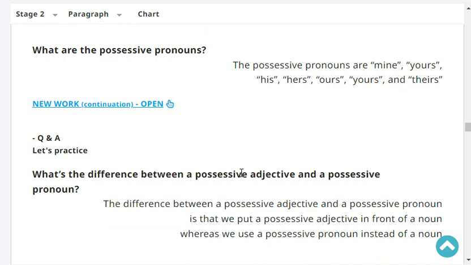What's the difference between a possessive adjective and a possessive pronoun?